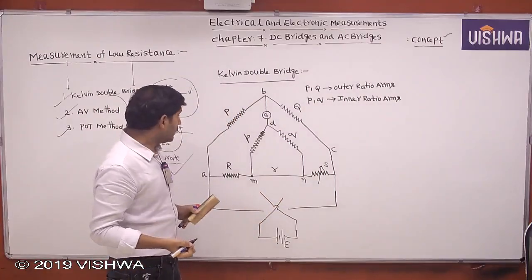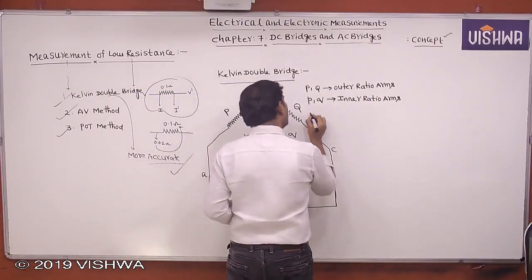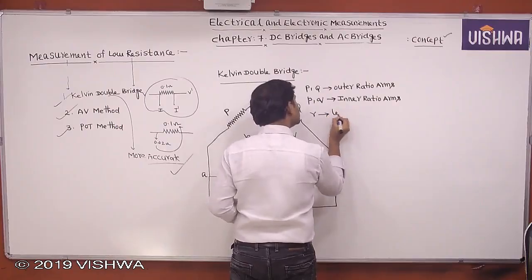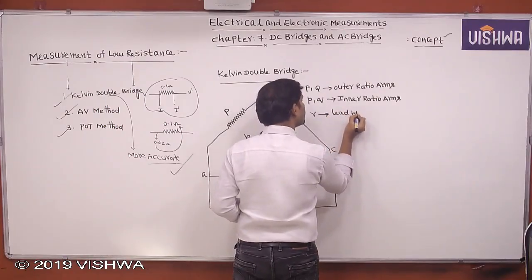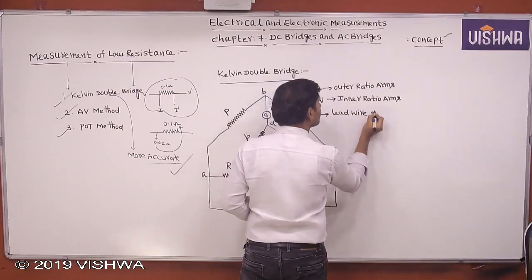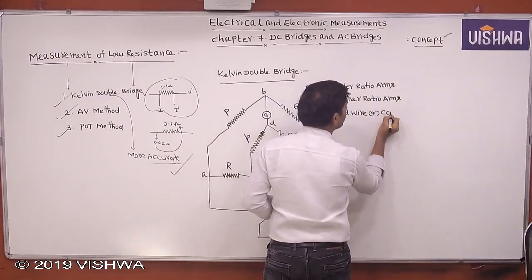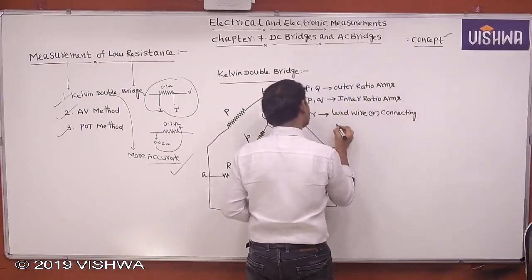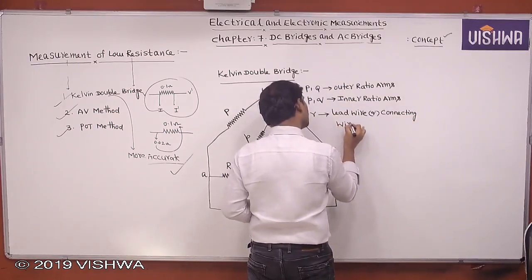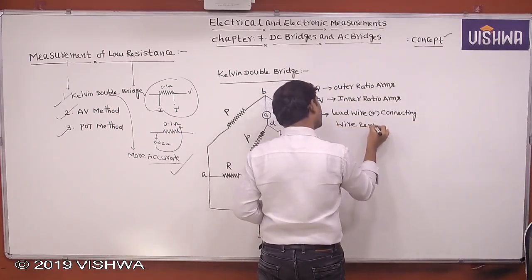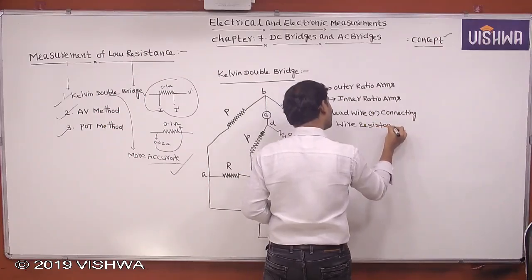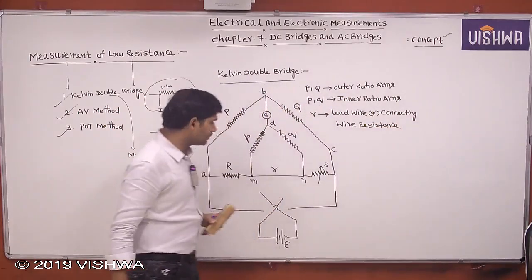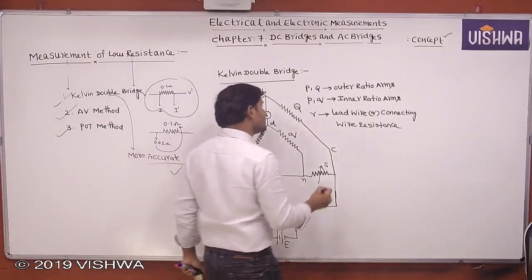Then what is small r? Lead wire or connecting wire resistance. Where R is the unknown resistance.